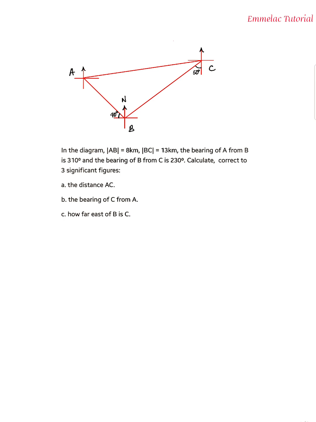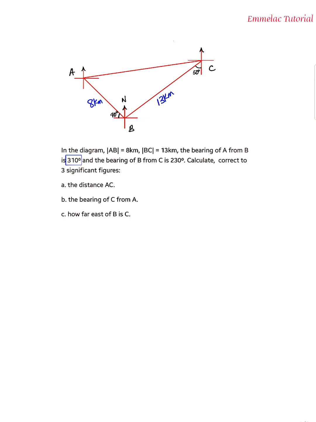So AB is 8 kilometer, so we can write here 8 kilometer, and BC is 13 kilometer, which means we can write here 13 kilometer. Now the bearing of A from B is 310 degree.